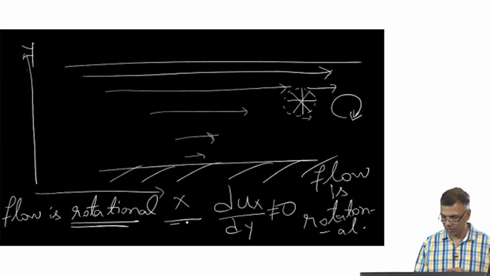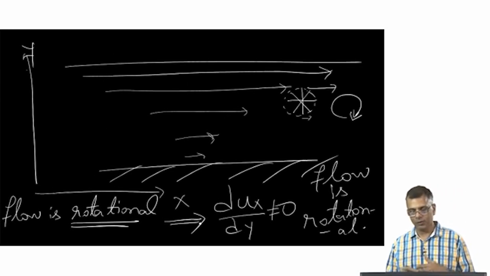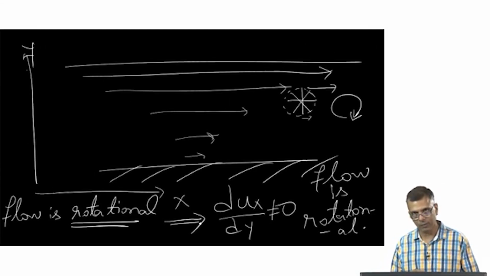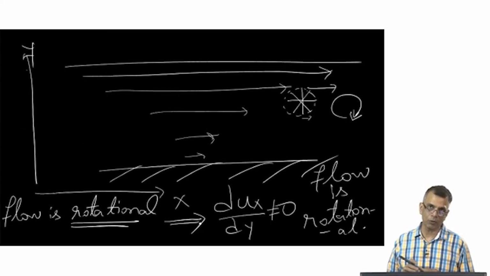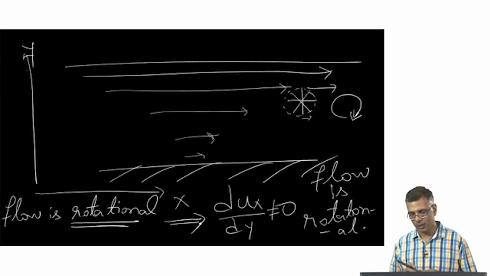Let me write this again here. And that is because this is true. In other words, if the flow is rotational, there's a non-zero vorticity. We will see that these concepts have immense practical value when it comes to describing fluids, especially the flow of inviscid fluids.